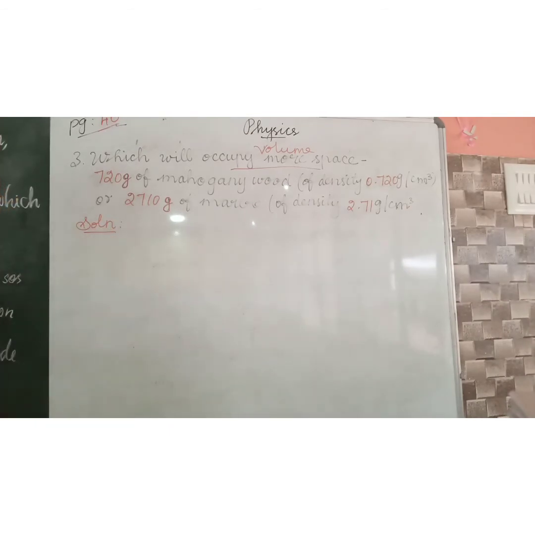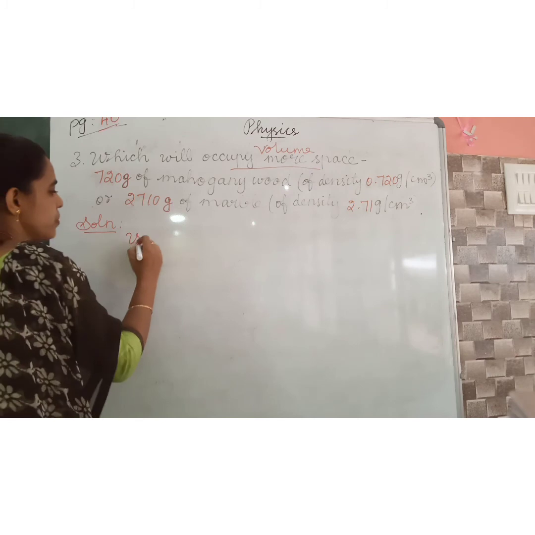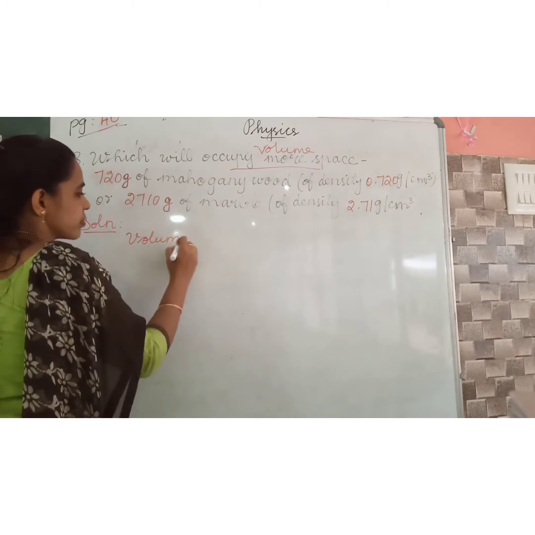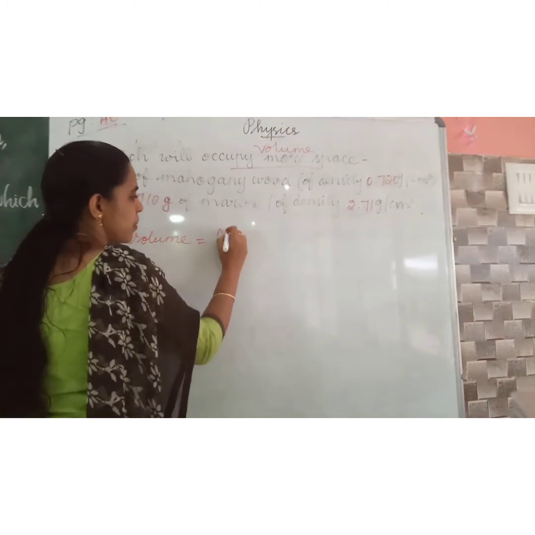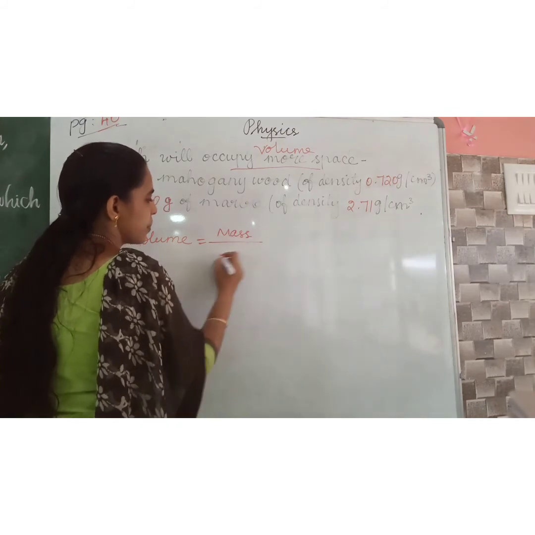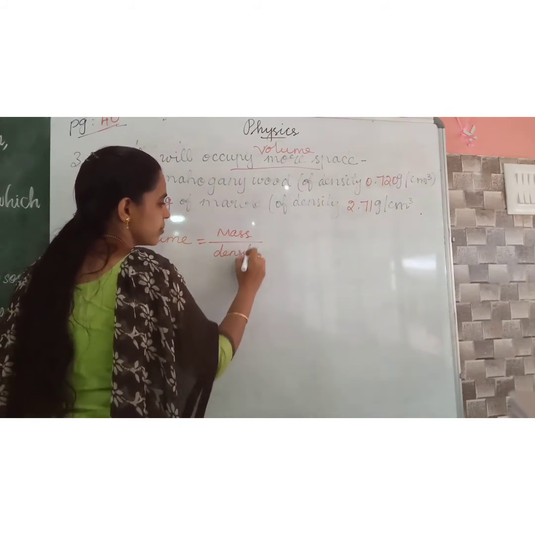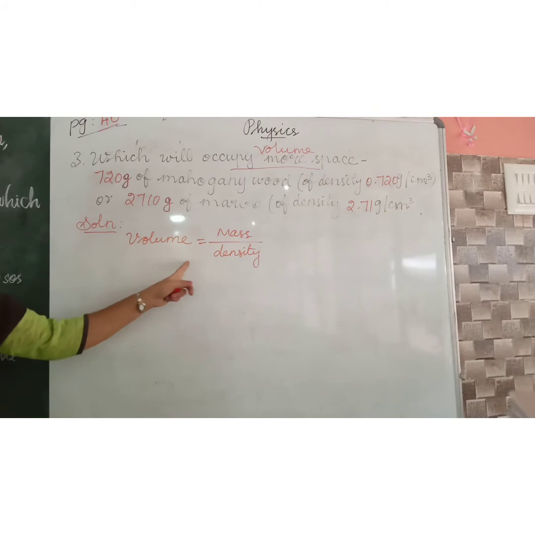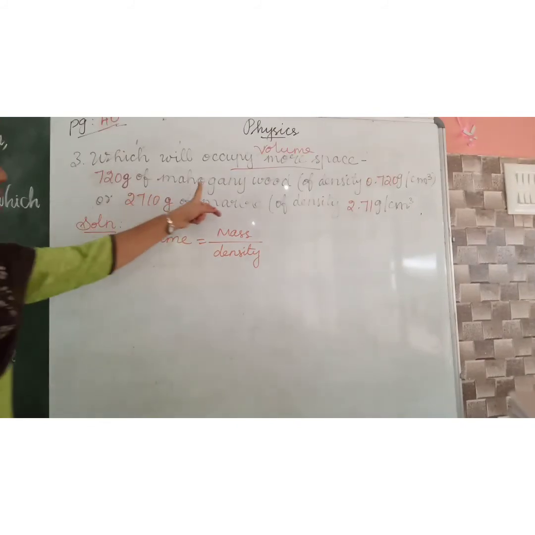Do you know the formula for volume? Volume is equal to mass divided by density. So what do we have to write first?